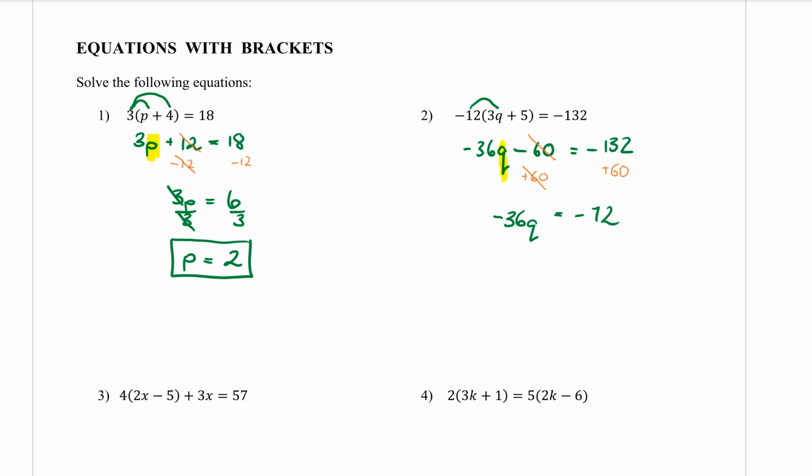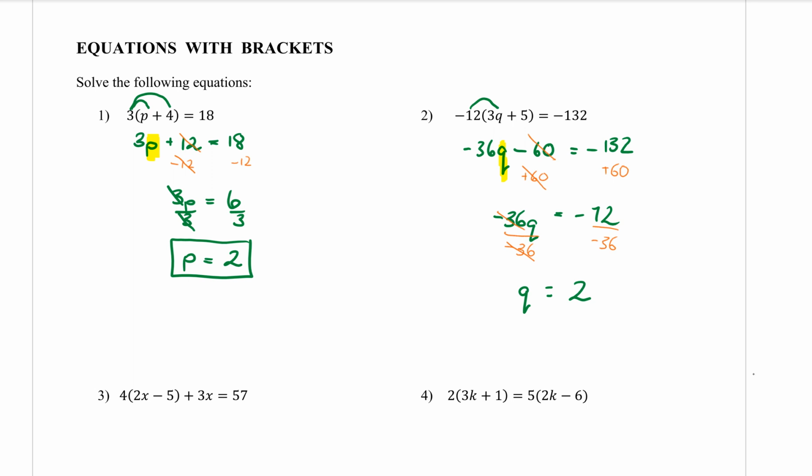The opposite is going to be to divide by a negative number. Divide by negative 36. Cancel that out. Q is by itself finally. Minus 72 divided by minus 36 becomes a positive 2. Yep, use your calculator to divide the numbers if you need to.